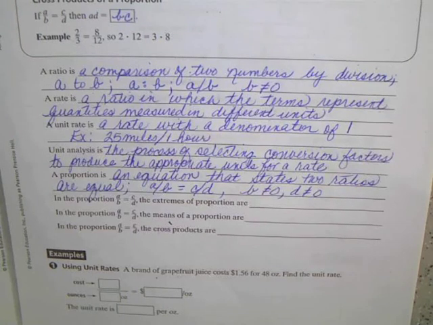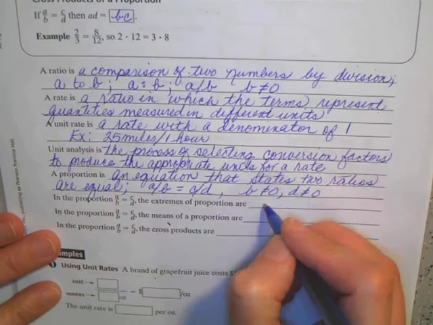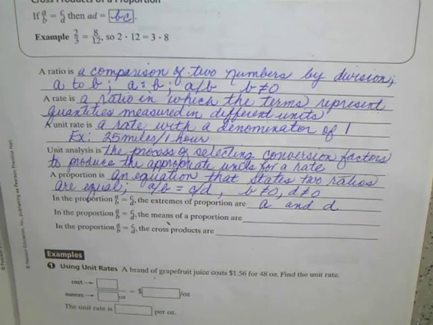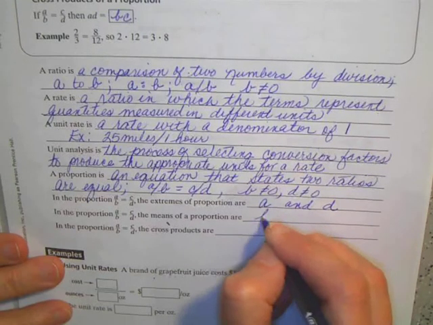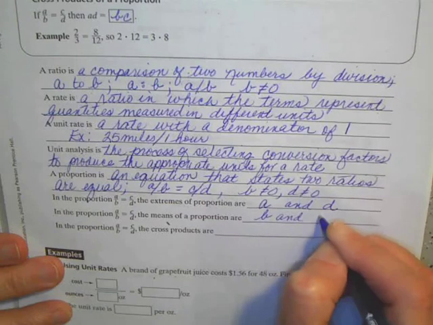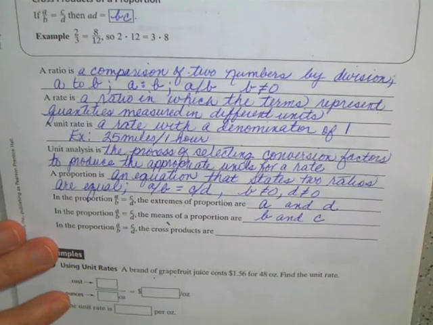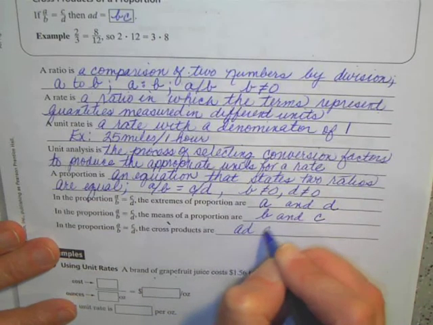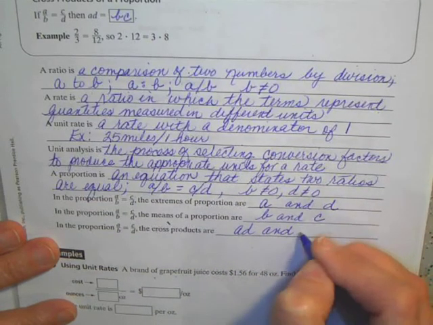In the proportion A over B equals C over D, the extremes of the proportion are terms A and D, the first and the last being extreme. The means of the proportion are B and C, or kind of in the middle. The cross products are AD and BC.